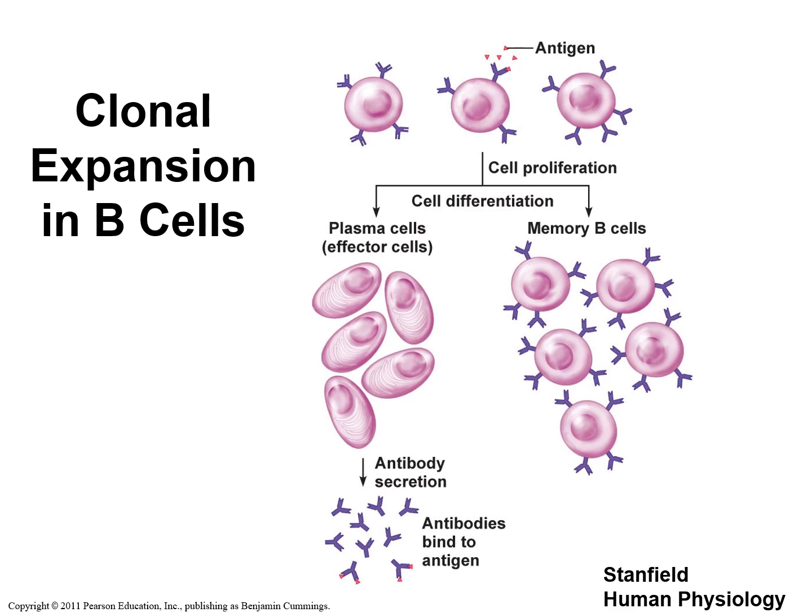So this is just showing you a couple of different B lymphocytes here. And let's say maybe this one in the middle is the one that recognizes the chickenpox virus. So it's going to get stimulated to divide, and it's going to form 2 sets of cells. So the effector cells are the ones that are going to go and do battle with the virus.